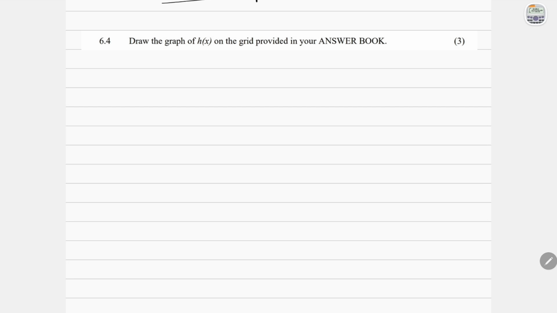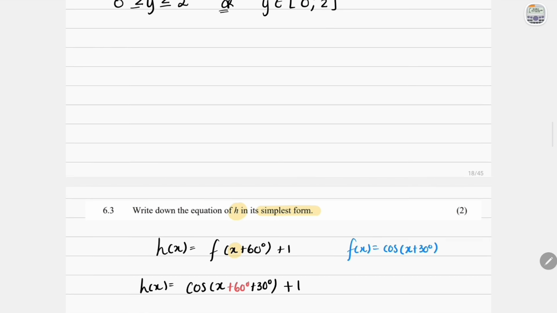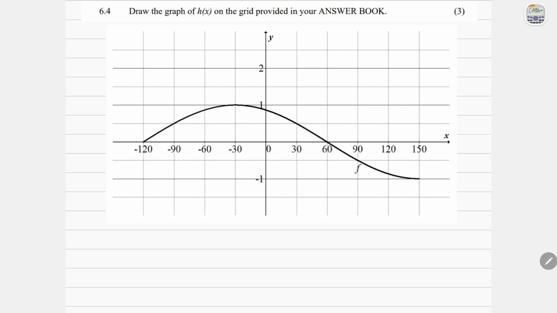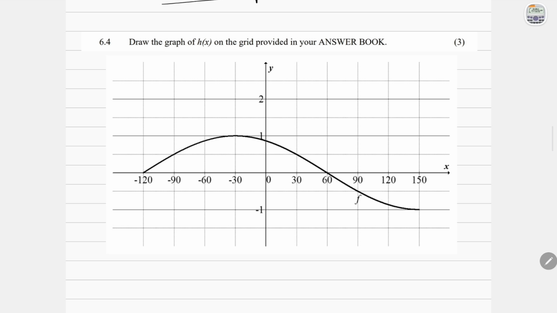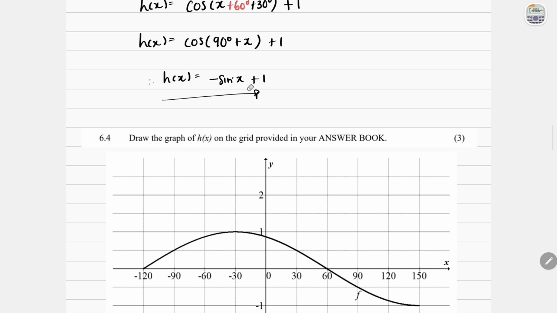Question 6.4 says, draw the graph of h of x on the grid provided in your answer book. Let me get that grid with this graph, because that's what we're going to use. Here is our graph, and how we're going to draw this. It's negative sine x plus 1.